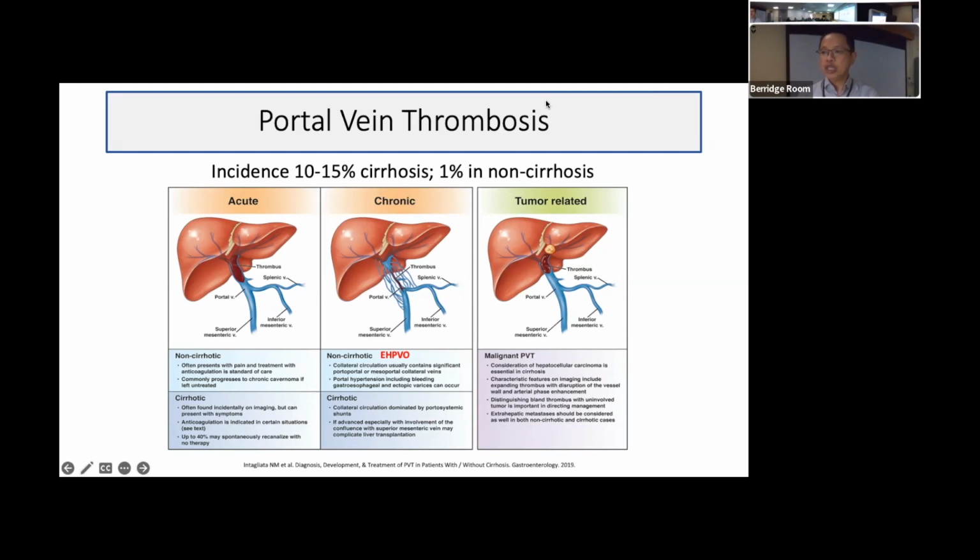Just for terminology, when the acute portal vein thrombosis settles down, if it's not treated, if it hasn't been recanalized, then obviously it will progress to chronic portal vein thrombosis. And in the non-cirrhotic cases, we will call it extrahepatic portal vein obstruction.